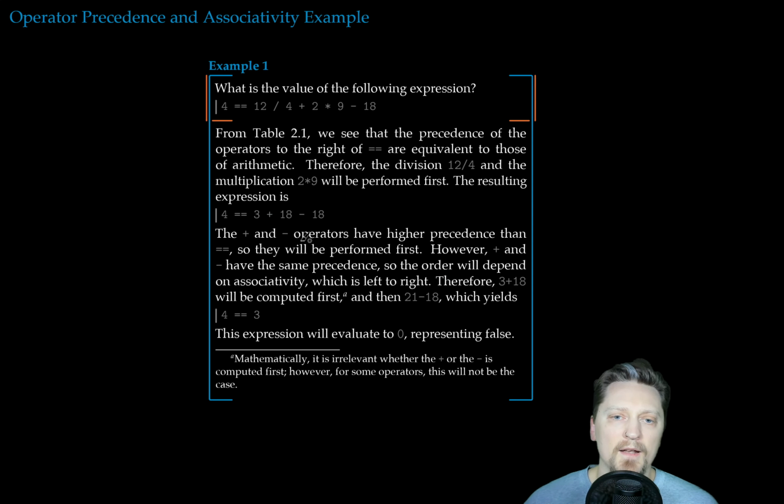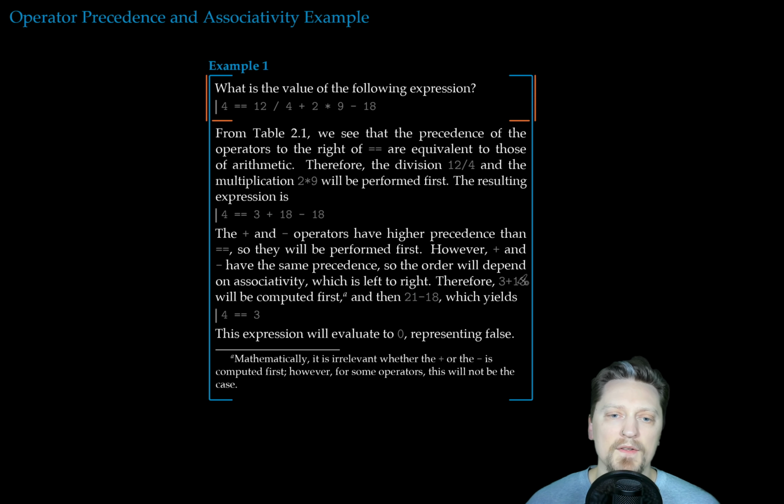The plus and minus operators have higher precedence than the equality operator, so they will be performed first. However, plus and minus have the same precedence, so the order will depend on associativity, which is left to right.